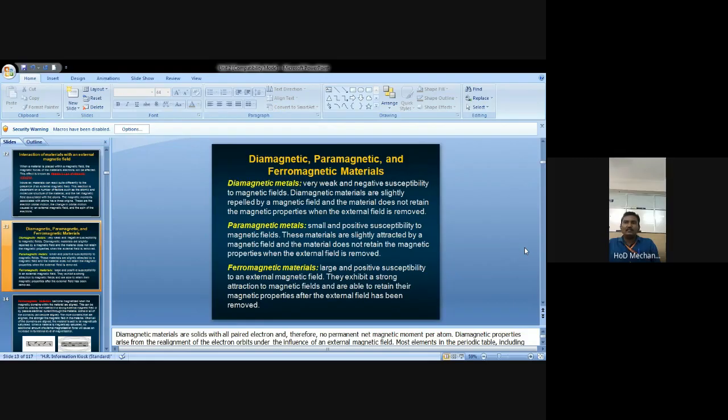That is, diamagnetic materials are slightly repelled by a magnetic field, and the material does not retain the magnetic property when the external field is removed.